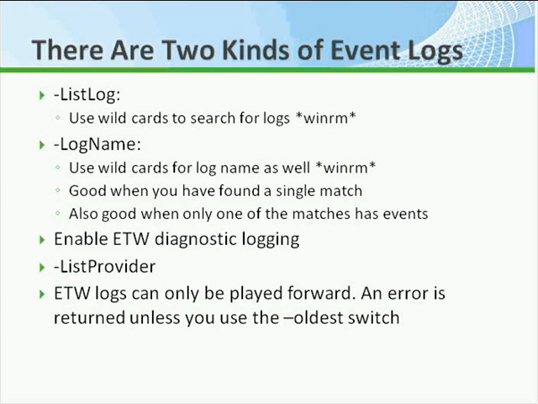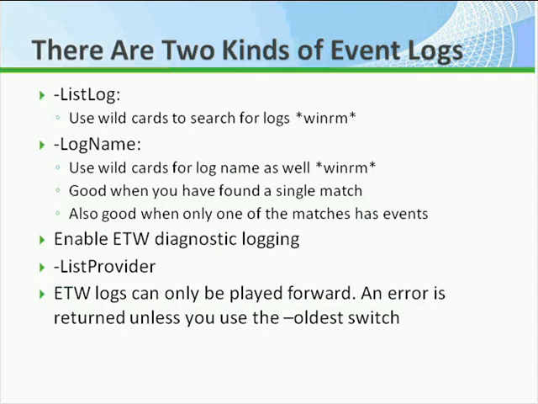So I'm going to spend a lot of time going over these and working with these different kinds of logs. Keep in mind that there are 2 commandlets, Get-WinEvent and Get-EventLog. You use Get-EventLog with the classic event logs, the older ones, and you use Get-WinEvent to parse these newer ETW types of logs. To use these newer logs, you need to make sure that you've got them enabled, and I'll show you how to do that.